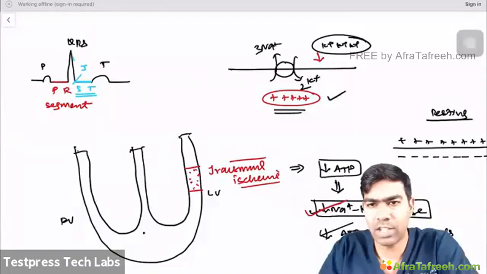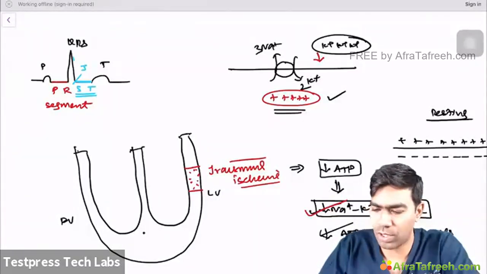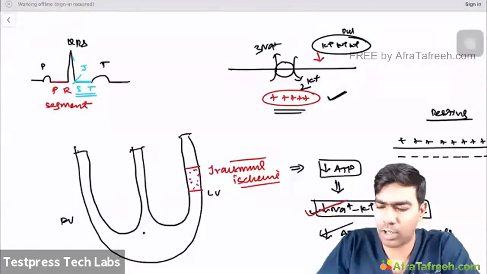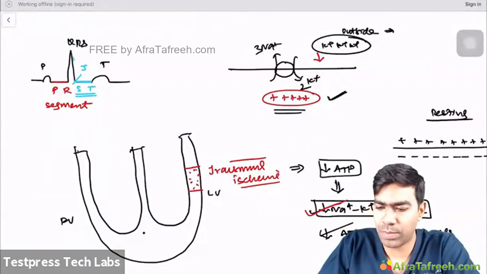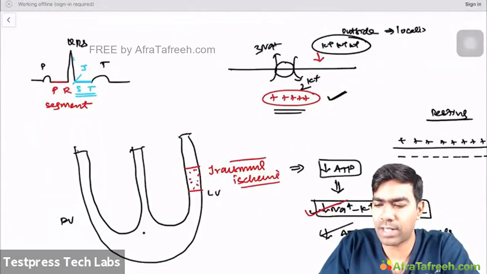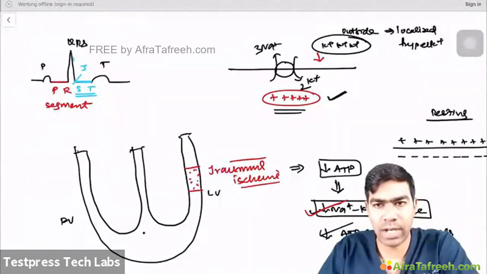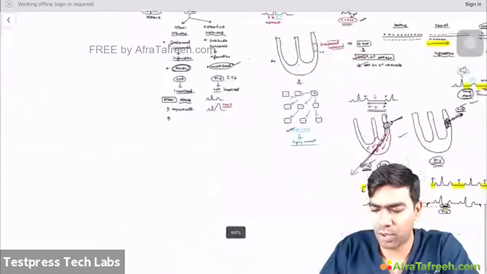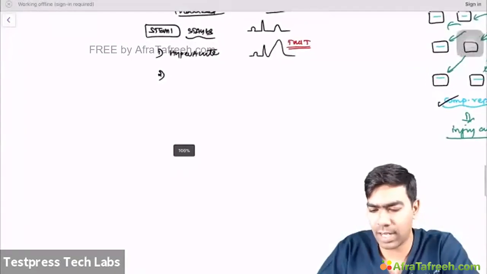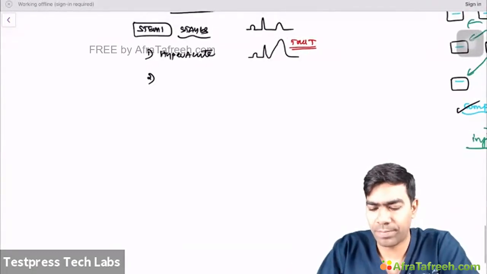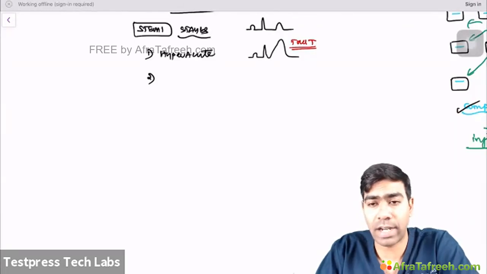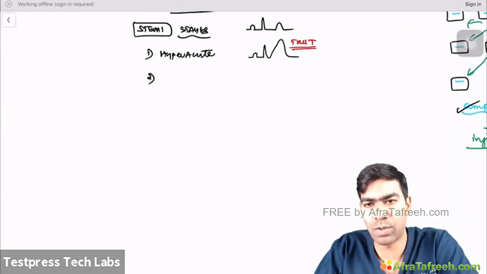So near the injured tissue or the ischemic tissue, it's not only the sodium that accumulates inside the cell, it's also the potassium that accumulates outside the cell, near the injured area. Which means it's going to produce some sort of localized hyperkalemia, and that should really explain why you get this kind of tall T wave. We don't know exactly why all these things happen, but probably this localized hyperkalemia is the reason why you get a tall T wave.